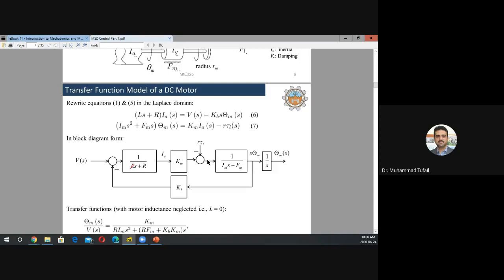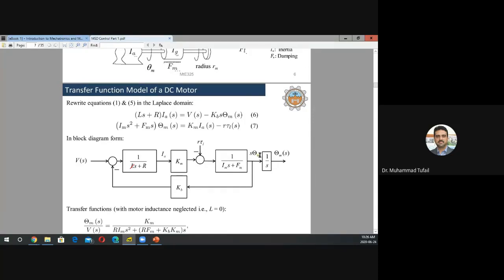Now that error has to be divided by this so that you get the output. But our output is s times this. So take that one s out, give it to him, because that's your output. And now you're left with J_m s plus F_m. Divide this error by that, and now you have completed the block diagram.